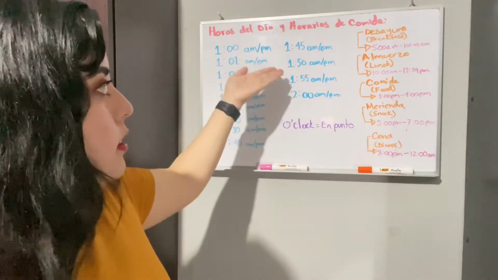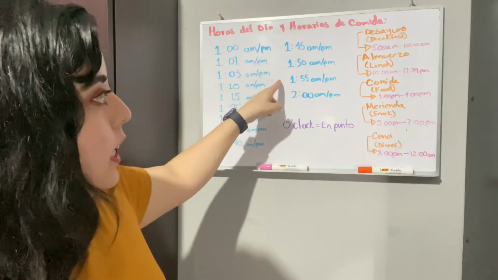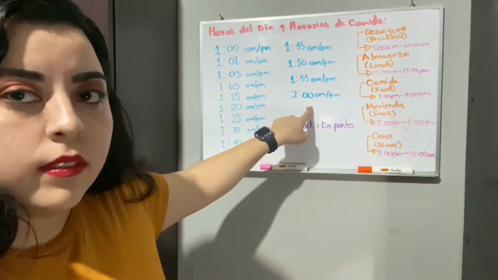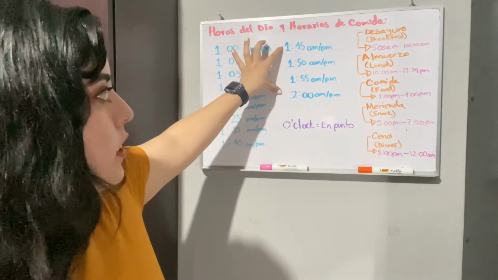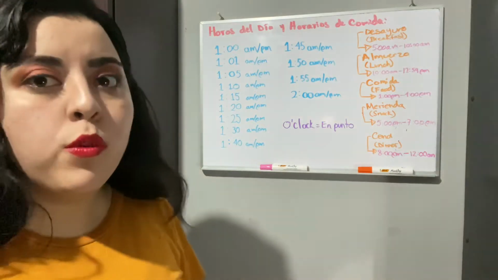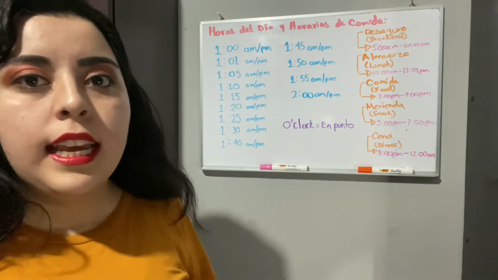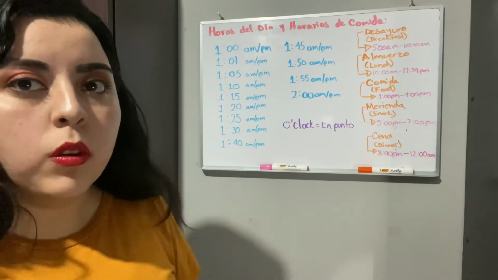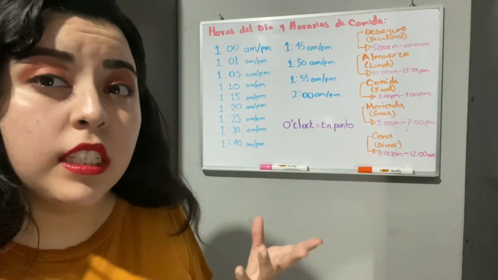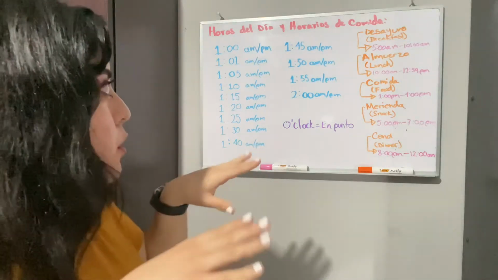La 1:45, la 1:50, la 1:55, las 2 de la tarde. And just to clarify here, it's not common in Spanish from Mexico to say, es la 1:15, or things like that. I think it's more common in Spain, but here in Mexico, it's not used.